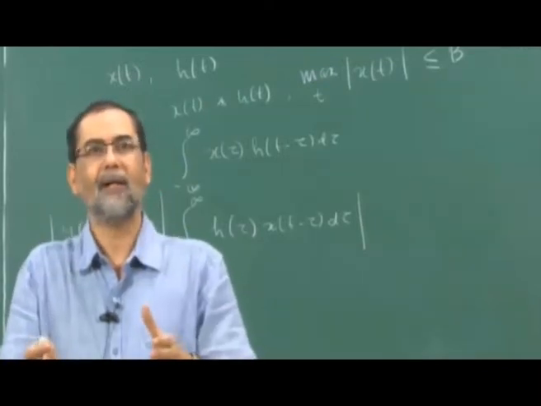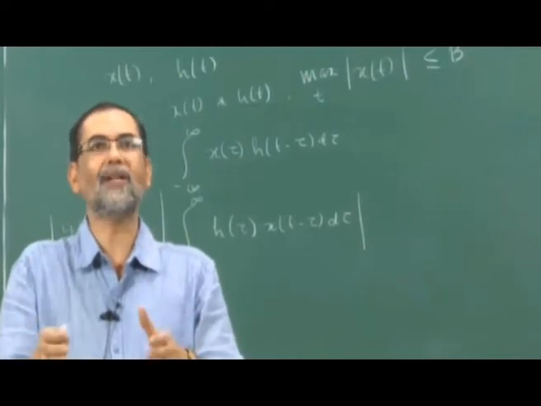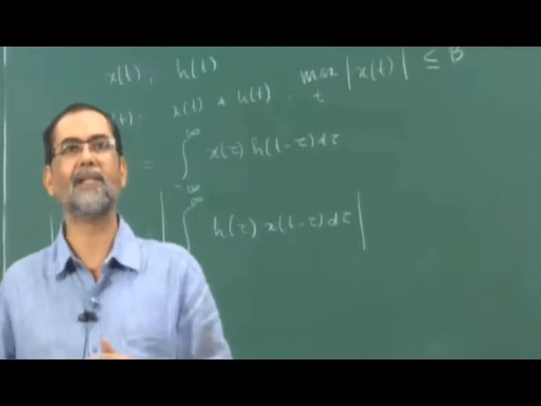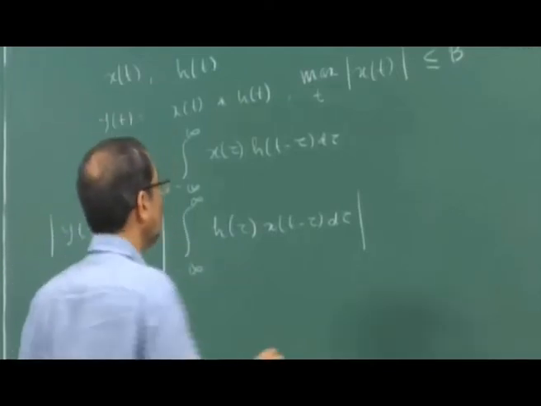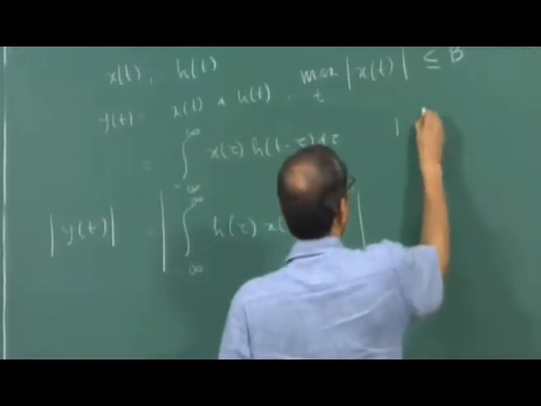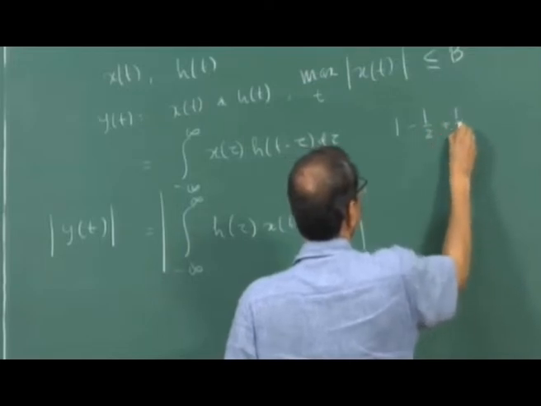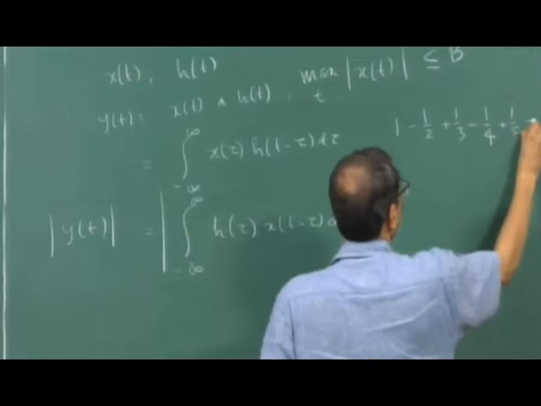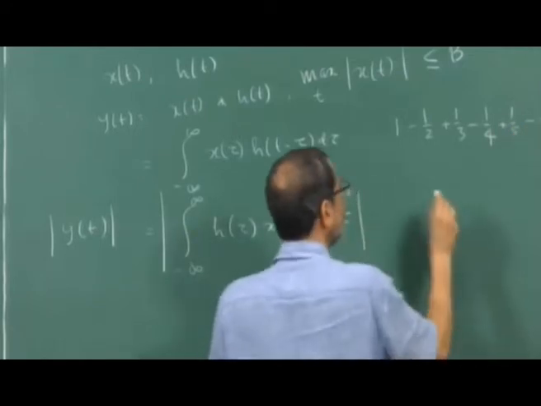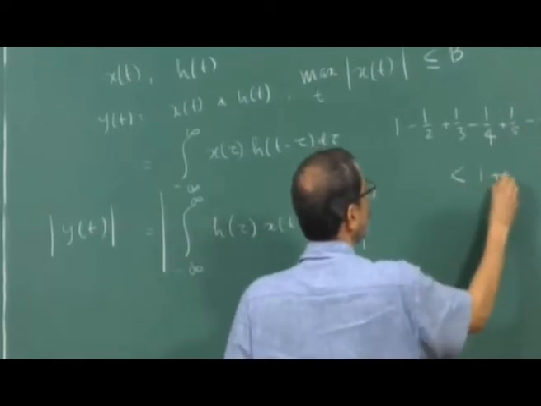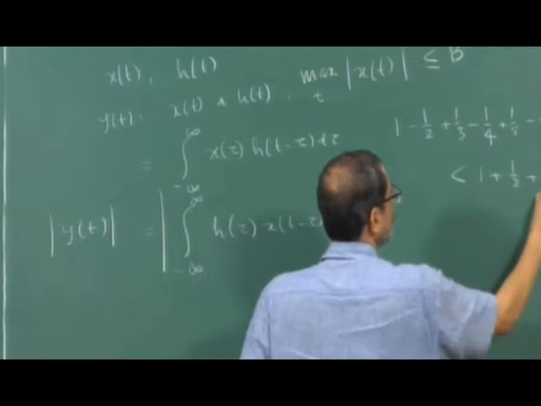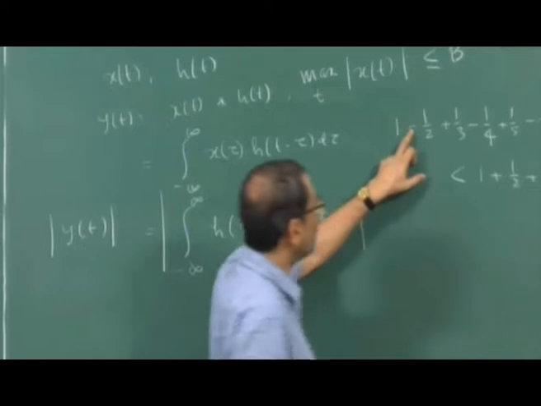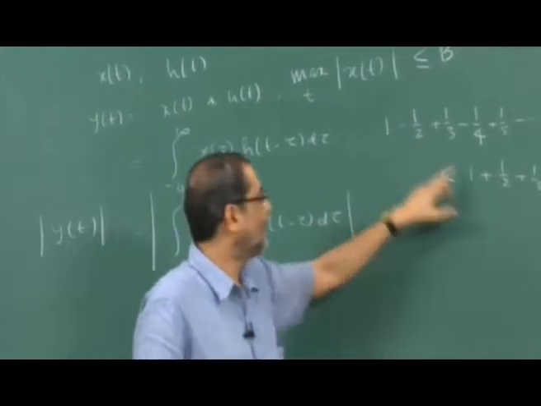That will be smaller than the same sum where every term is positive, 1 plus half plus 1/3 plus 1/4 plus 1/5 and so on, because here I am subtracting, here I am adding.